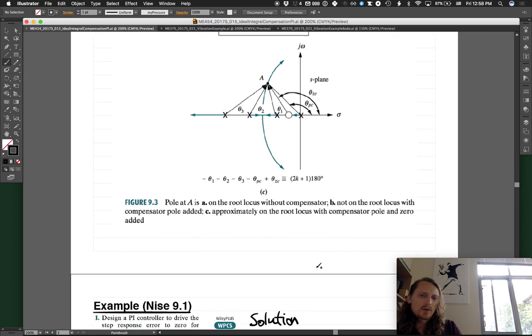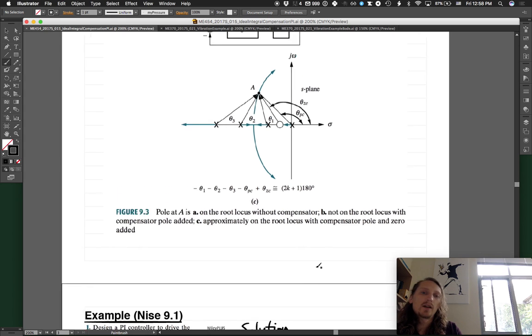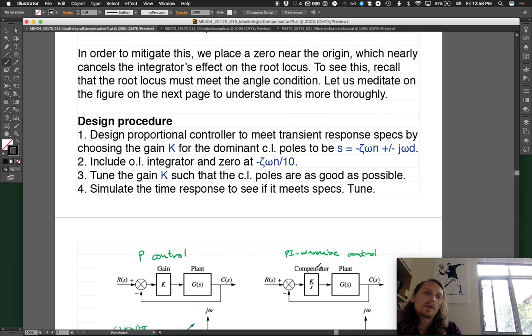All of these methods require some sort of trade-off, and we're going to see that now as we turn to an example, but before we do, I want to go over the general design procedure for designing a PI controller.